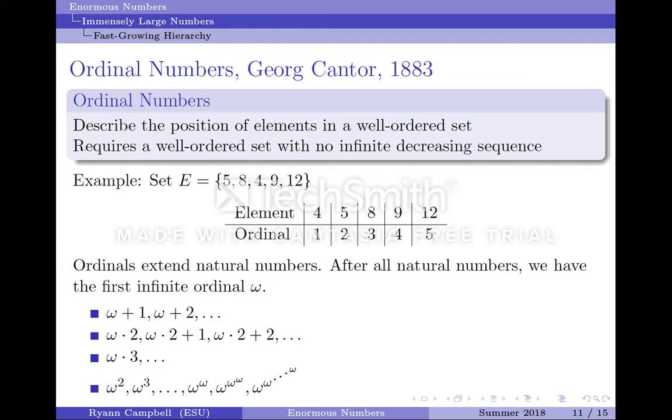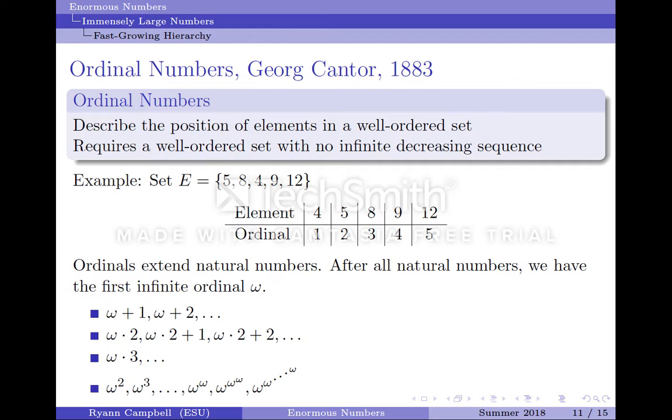Now, obviously, I can't go through every single omega, because there's an infinite number of them, but at some point we get to omega squared or omega cubed and so on. We get to omega to the omega power, and we get these power towers of omegas. Okay. So that's our ordinal numbers.